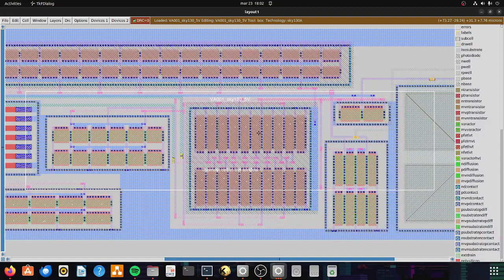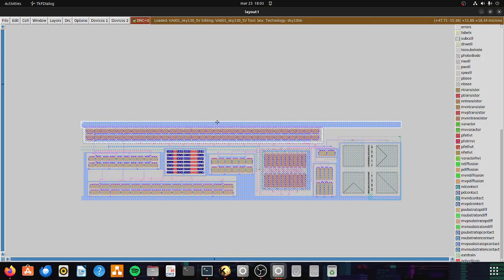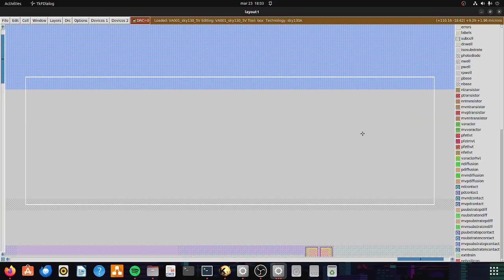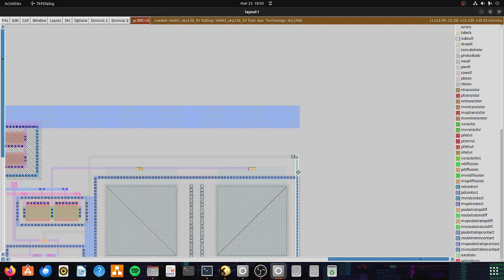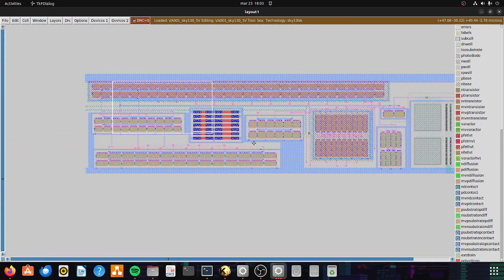In here in Magic we can actually check the nets that are connected. This is a neat feature of Magic. We have the resistors right here, the NMOS, the differential pair, more NMOS and more NMOS.